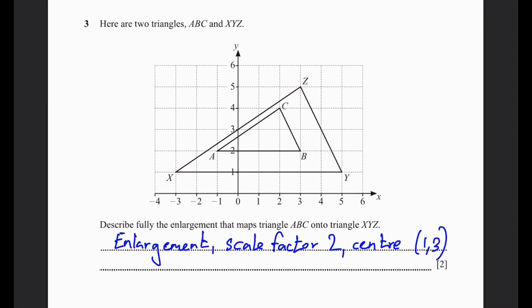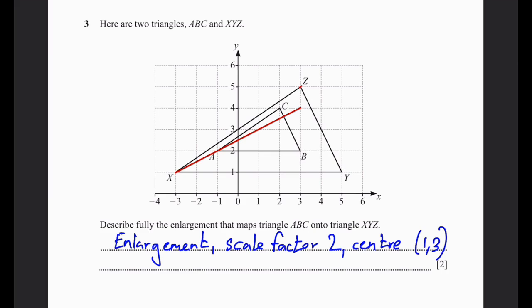That's the answer. To find the center, actually there's another much simpler way to do it. We just take two corresponding points. So here it's A and X, C and Z, B and Y. Now draw a line which starts with X and passes through A, like that.